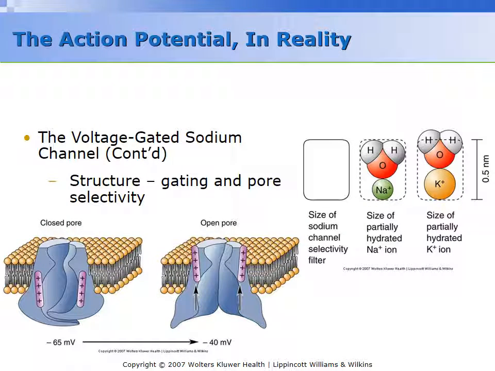And the theory here is quite straightforward. Well, if we have a negative charge here, all these positive residues are going to be pulled towards the negative charge, right? And that keeps everything closed.